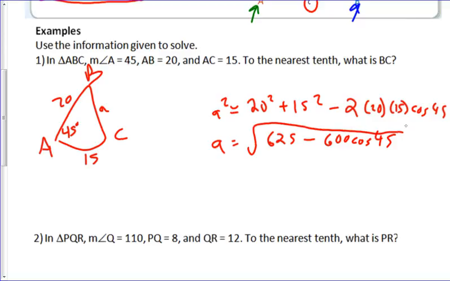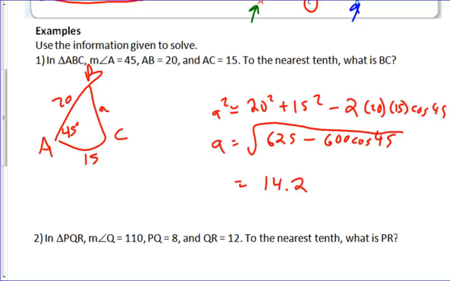So I'm going to take my calculator and do that. And I get, to the nearest tenth, A is equal to 14.2.